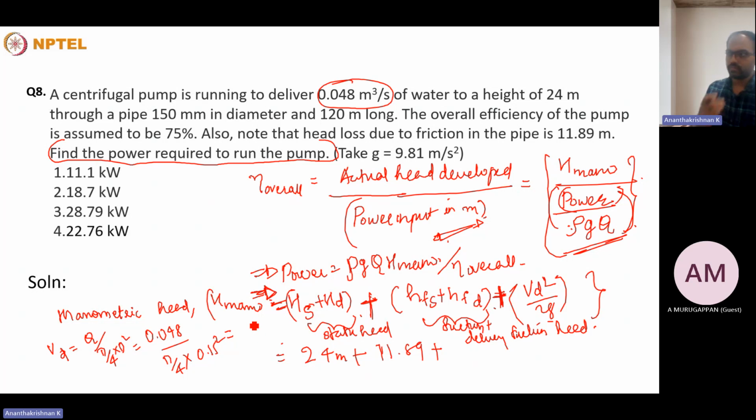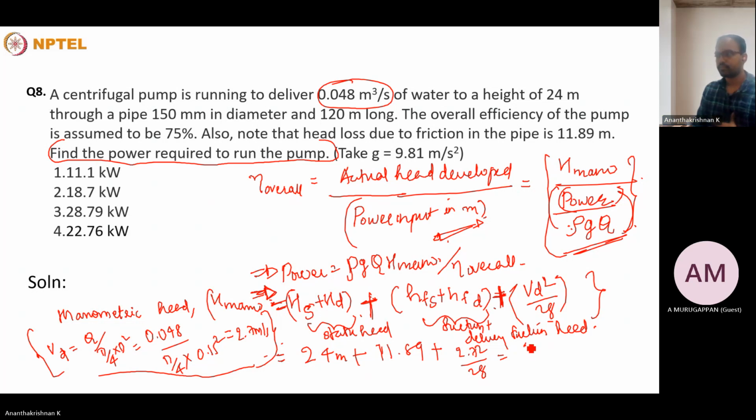You get around 2.7 meters per second. Substituting 2.7 squared divided by 2g, the total manometric head comes around 36.26 meters.